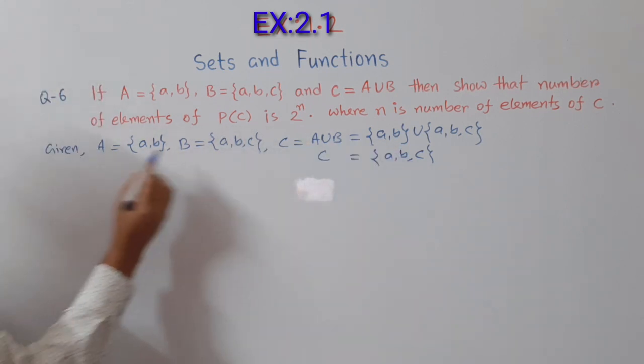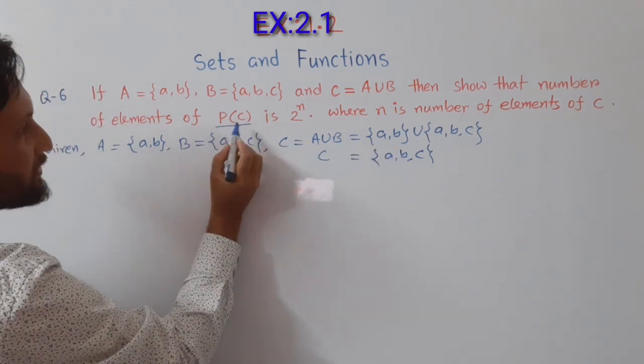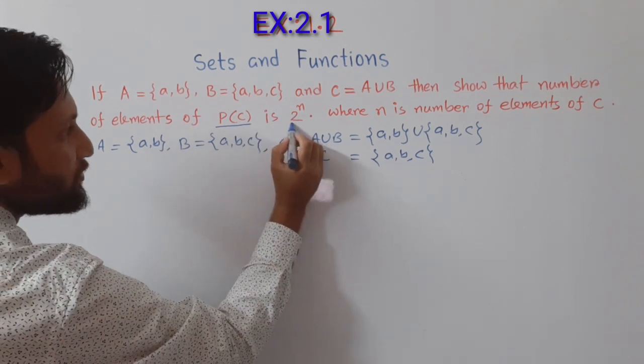Now we have to identify the power set of C, which is 2 to the power n.